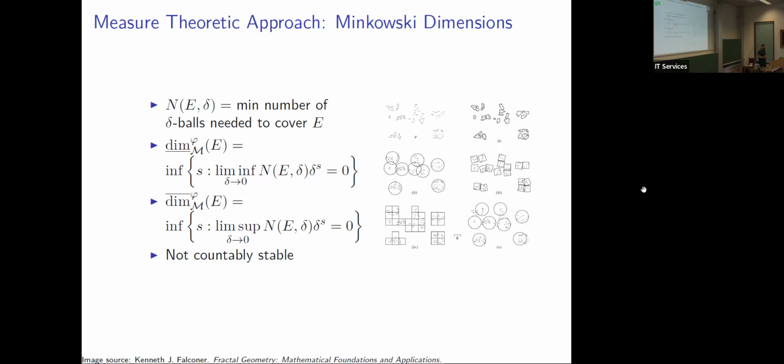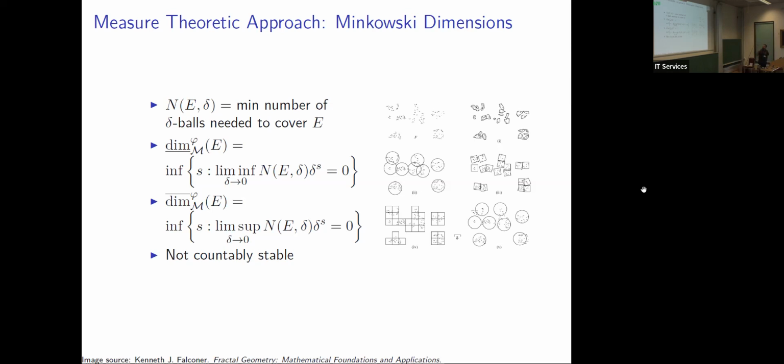So if we let N(E, delta) be the minimum number of delta balls to cover E, then we can talk about the lower Minkowski dimension, which is the infimum of s's where, if you take the lim inf of that number of balls times delta to the s, you get 0 at the end.